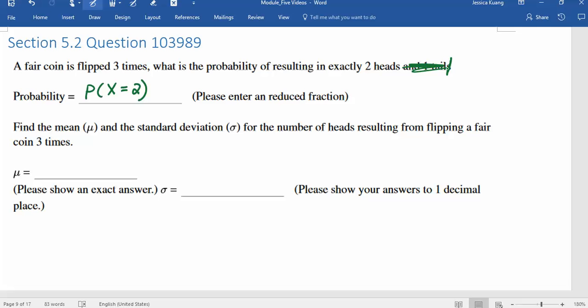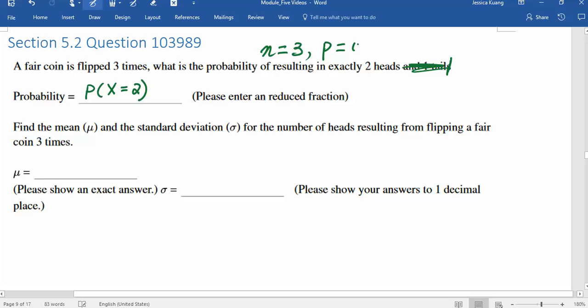So we have a binomial distribution. To use your graphing calculator, we need to figure out a couple of pieces of information. One is the total number of trials, n. In this case, that is 3. p is the probability of success.